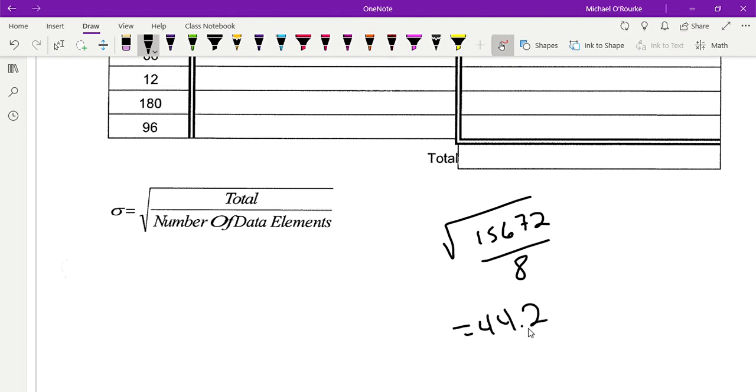44.2. Okay? So we have, this is Moby's standard deviation, and this is Toby's standard deviation. What was the other standard deviation? 56.2? Correct? No, 51.64. 51.6? Good.